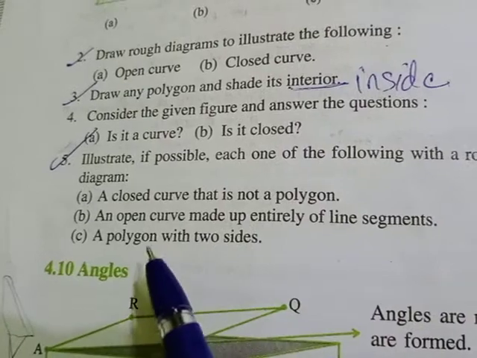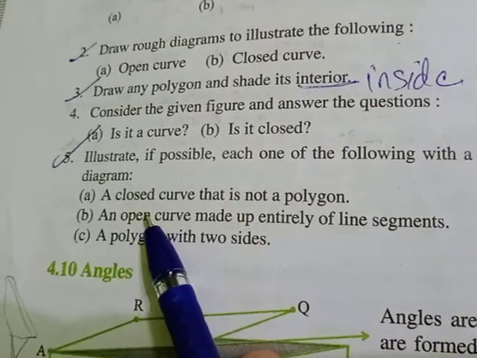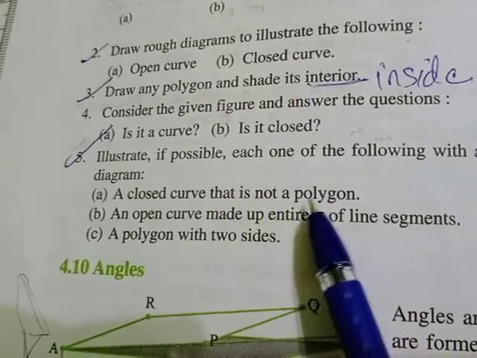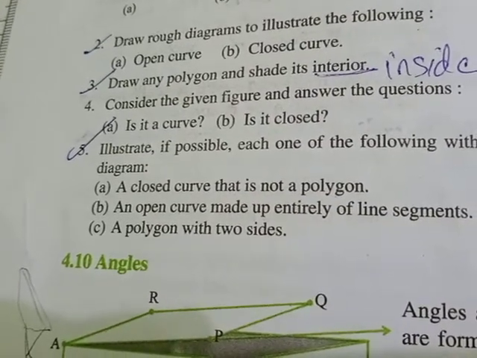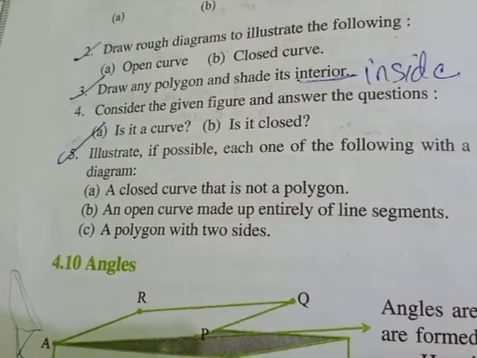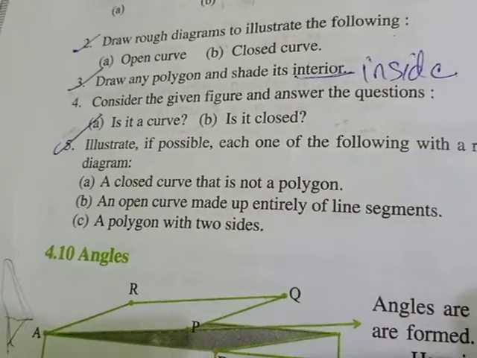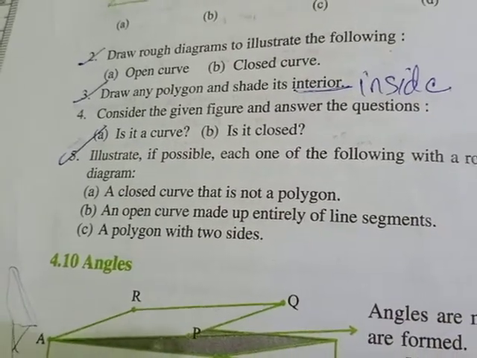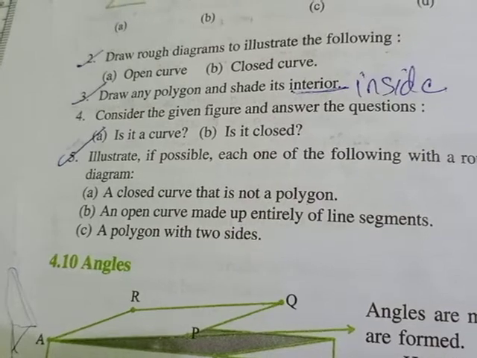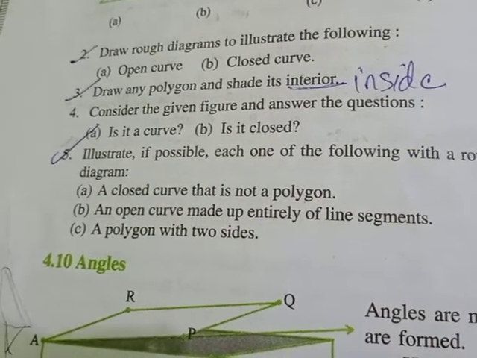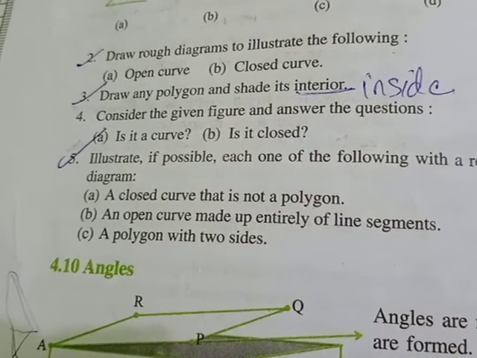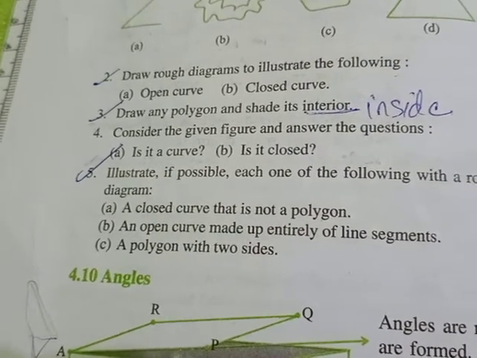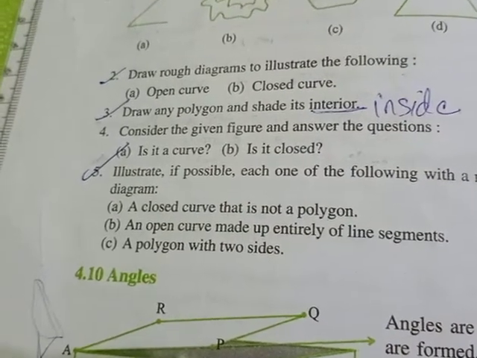A closed curve that is not a polygon. For this, first of all, you should know the difference between a polygon and a curve. A polygon is entirely made of line segments, clear? And a curve is made using a curved surface, okay?